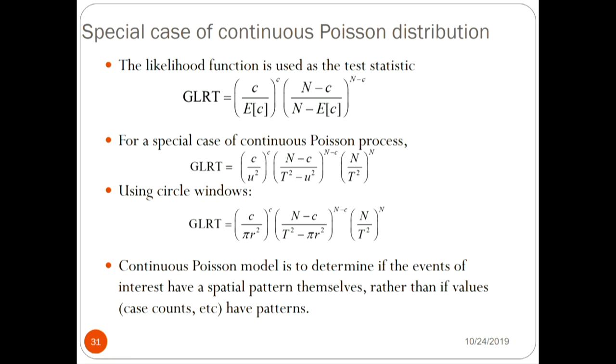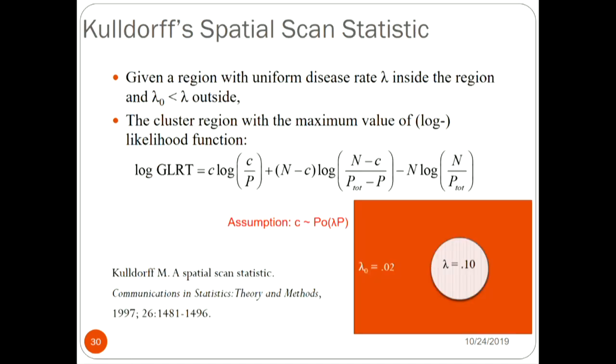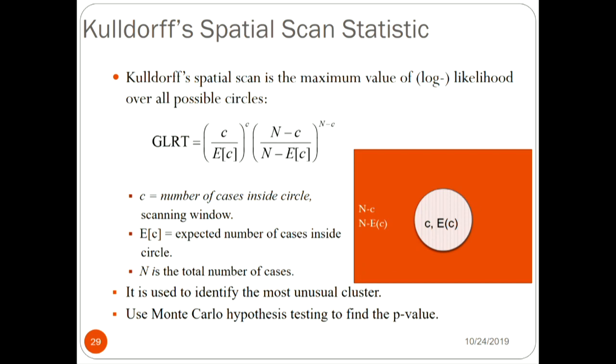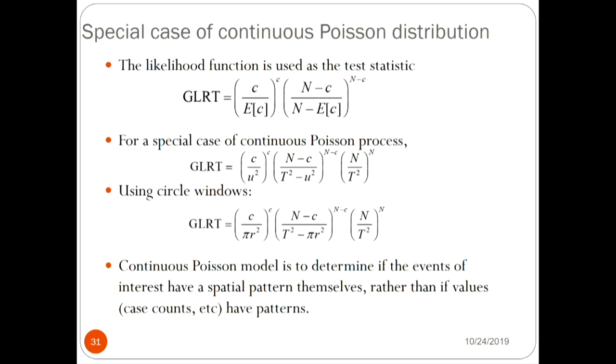Now this is the special case of the cutoff spatial scan statistic. That was the general case. For the special case of the continuous Poisson distribution, which means data are randomly distributed in a study area, the expected value becomes proportional to the area.